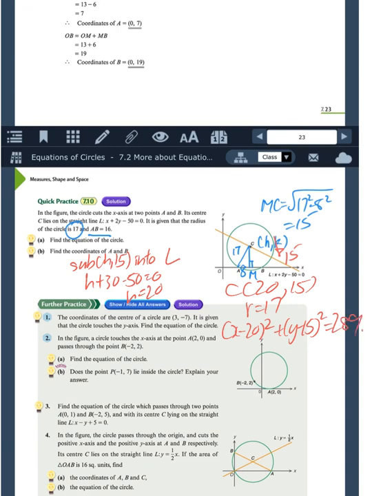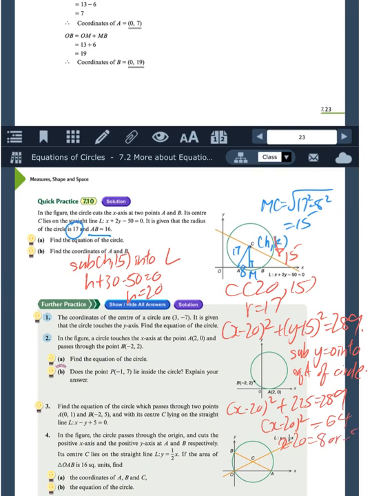Now find the coordinates of A and B. Since A and B lie on the circle and the y coordinate of A and B is 0, I may substitute y equals 0 into the equation of the circle. Then (x minus 20) squared plus 15 squared, which is 225, equals 289. (x minus 20) squared will be 289 minus 225, which is 64. x minus 20 equals 8 or negative 8.